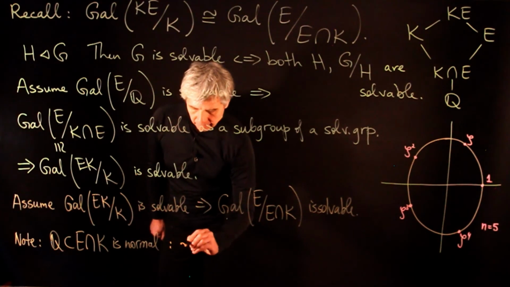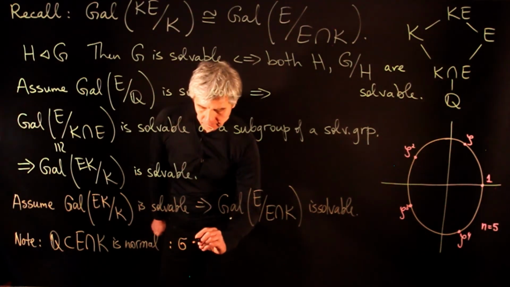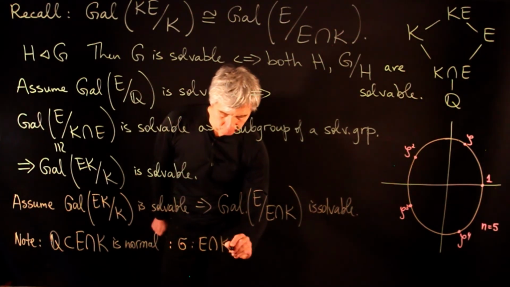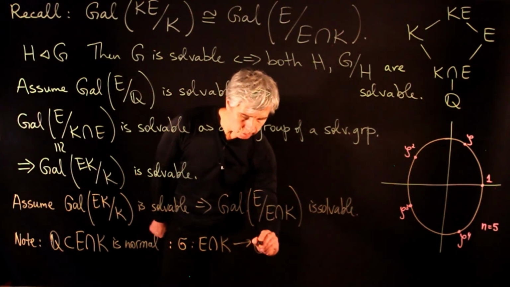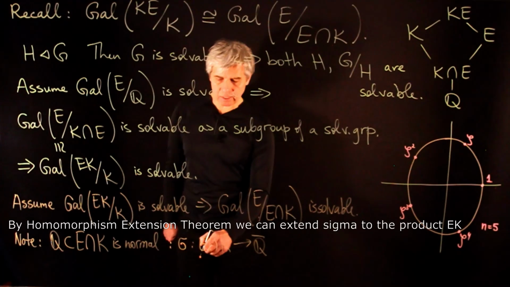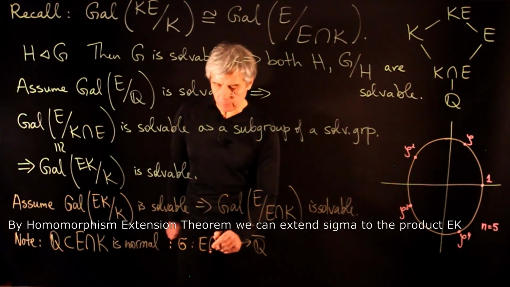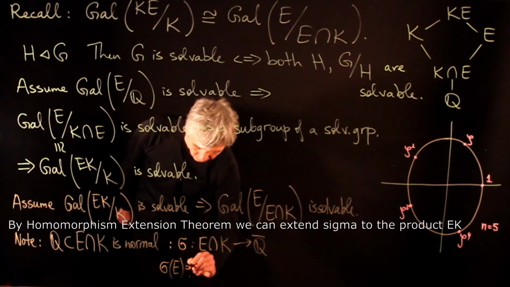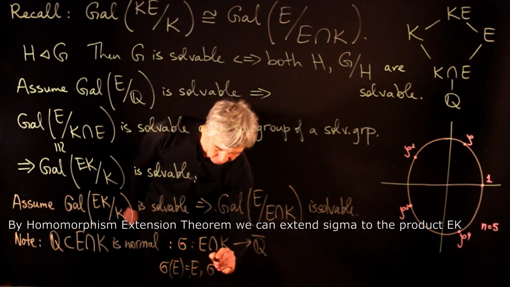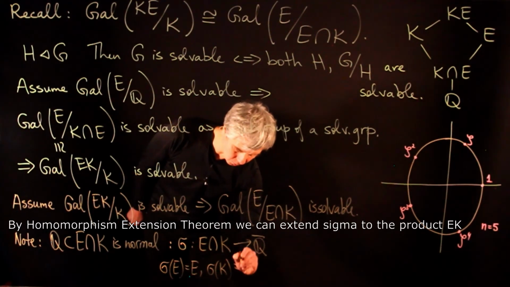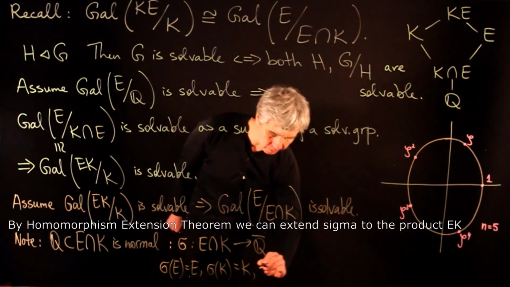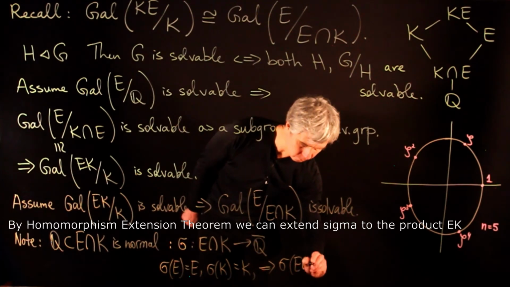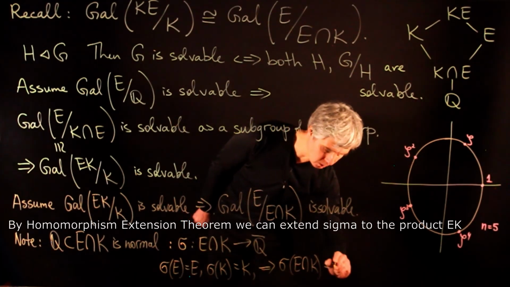Indeed, if we have a homomorphism sigma from E intersected with K into Q bar, then since both E and K are normal, we will have that sigma of E is equal to E, sigma of K is equal to K, and this tells us that sigma of the intersection is equal to the intersection.